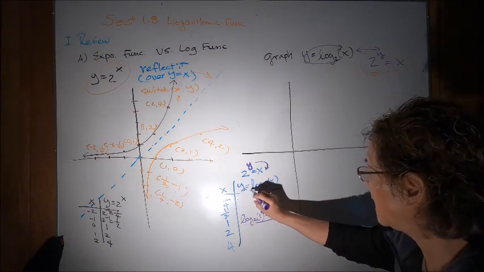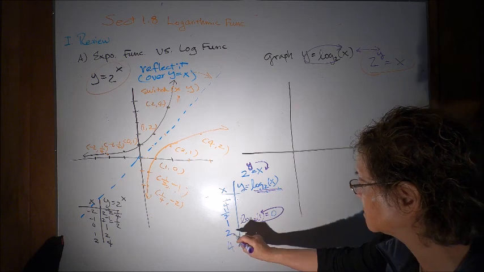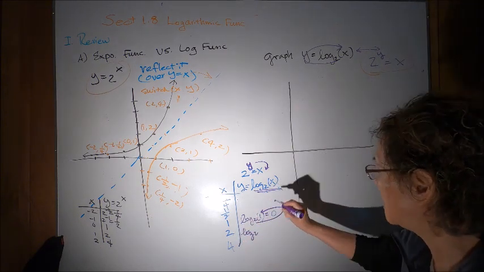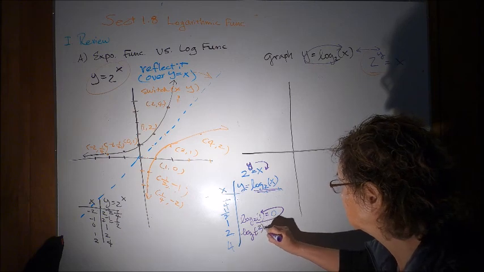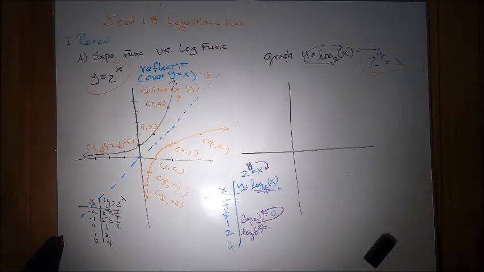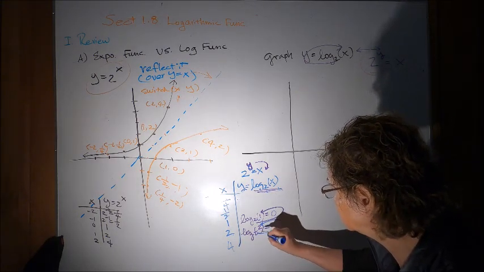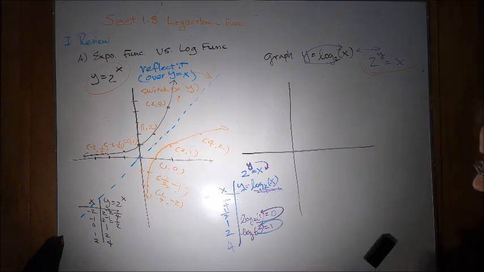Then for this one, if x is 2, you plug in 2 for x. That means we are going to find log 2 of 2. It means 2 to what power is 2? 2 to the 1 power is 2, right?